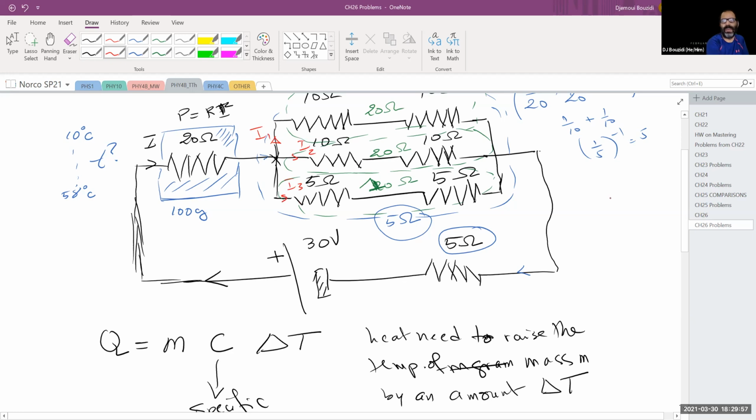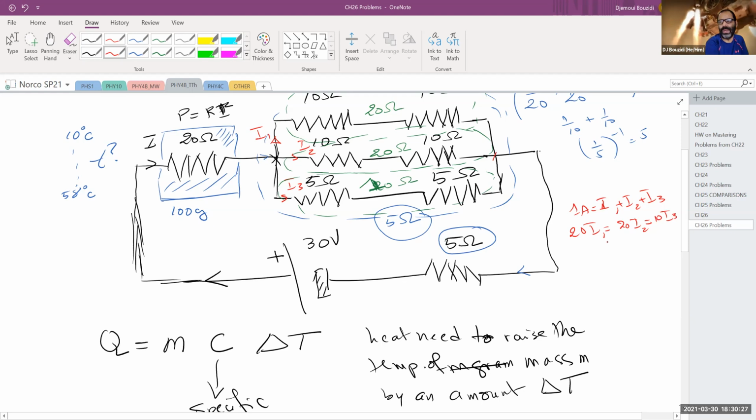How much each and every one of them? They are in such a way that 1 amp is equal to I1 plus I2 plus I3. But I know the voltages are the same between this point and this point because they are in parallel. So I know 20 ohms times I1 is the same thing as 20 times I2, is the same thing as 10 times I3.